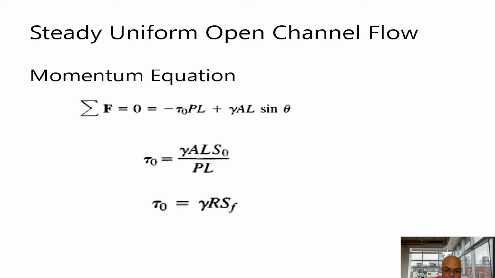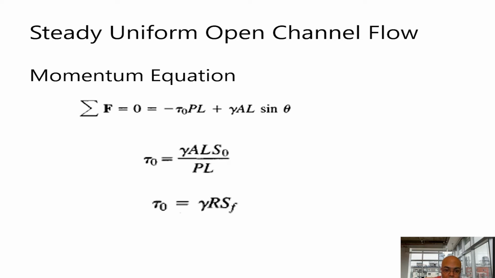So P is the perimeter. This shear stress acts on a surface area, so P into L is the surface area on which this shear force is acting, parallel to the flow direction.